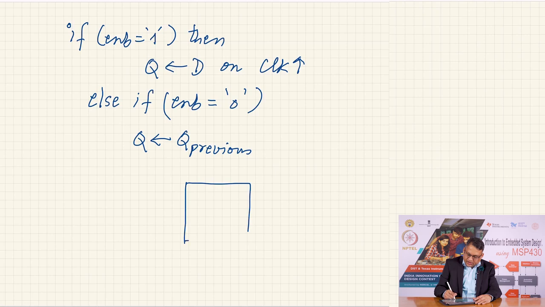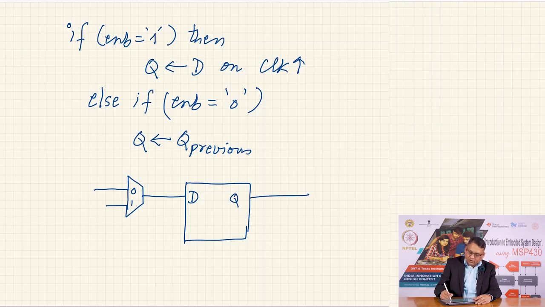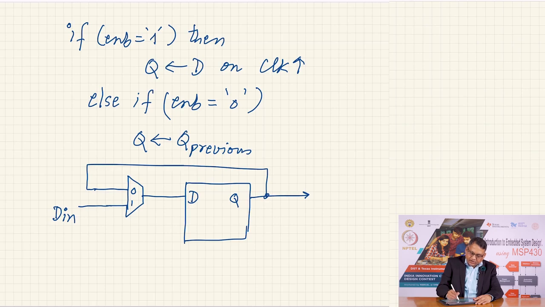It does use a D type flip flop, but it uses an additional component, which in this case is a 2 input multiplexer. 0 and 1 are the inputs. The output of the multiplexer provides the connection to the D input of the D type flip flop. Here is the Q which will go to the outside, but it will also be fed back into the 0 input of the multiplexer. The 1 input of the multiplexer is actually the D in, which you want to capture here.